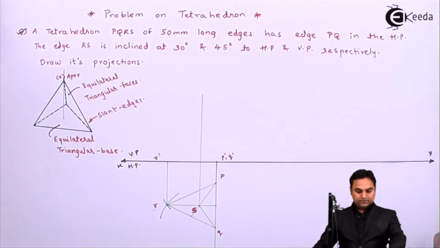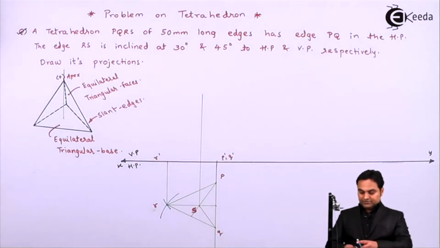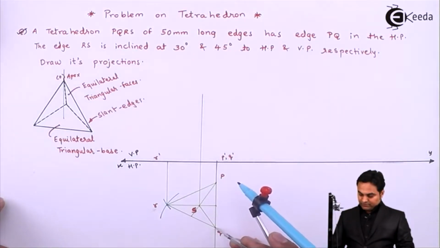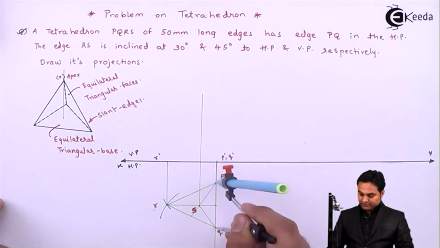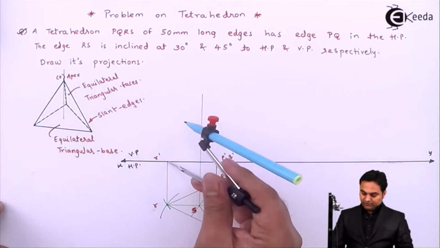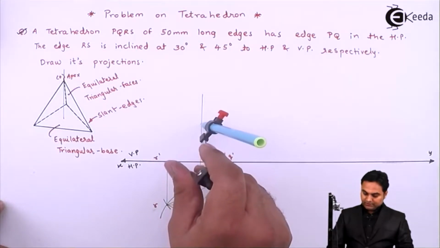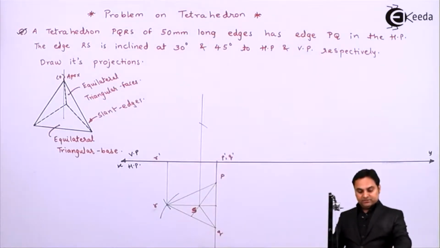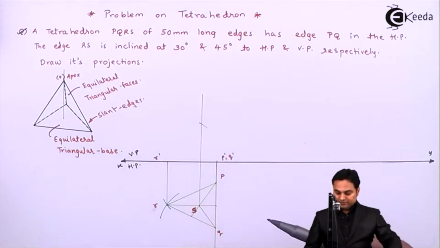Next, I'll measure the distance in the compass, that is of this equilateral triangular edge, which is 50 mm. So measuring this 50, keeping it on this corner, which is R dash, and marking it over this line which is passing through the apex. That will give us the height of the tetrahedron.